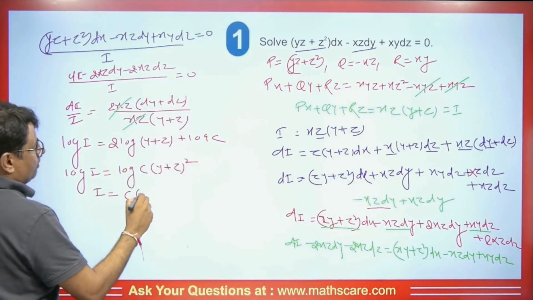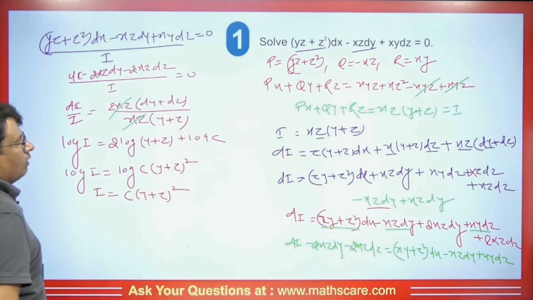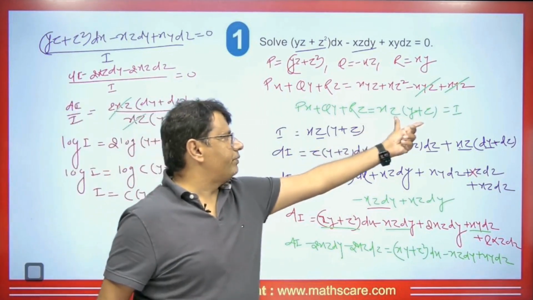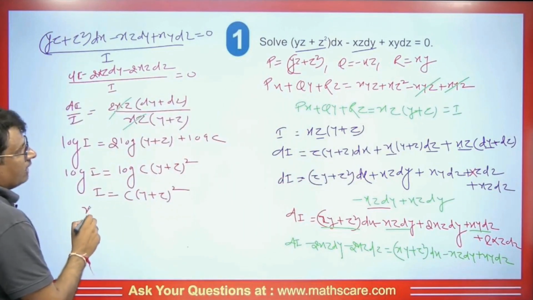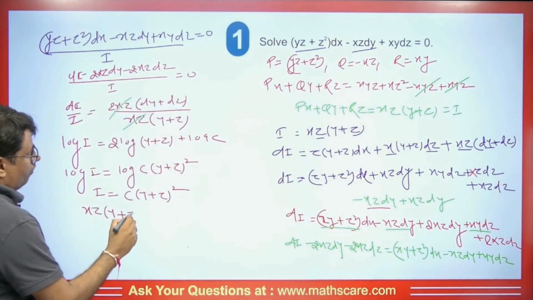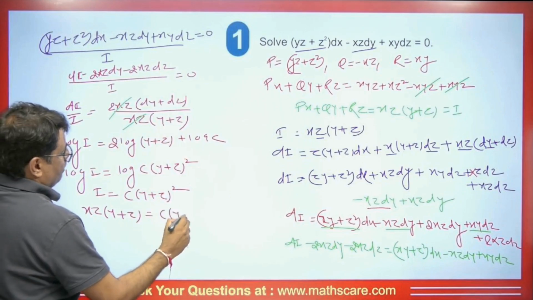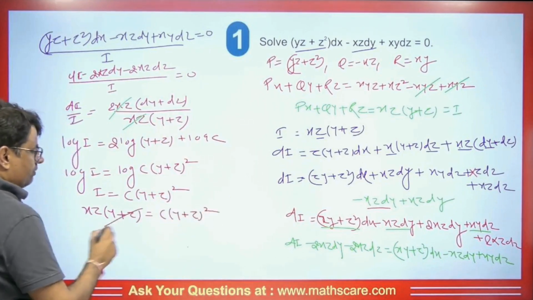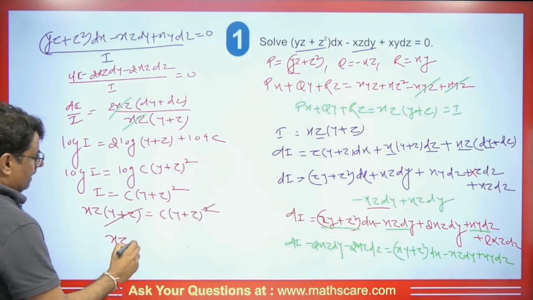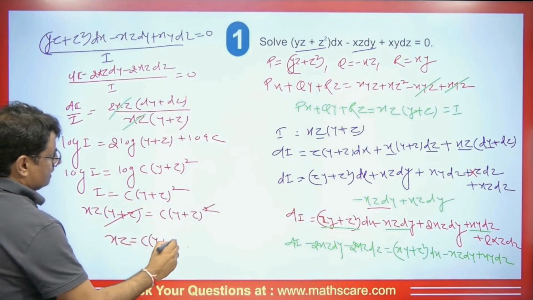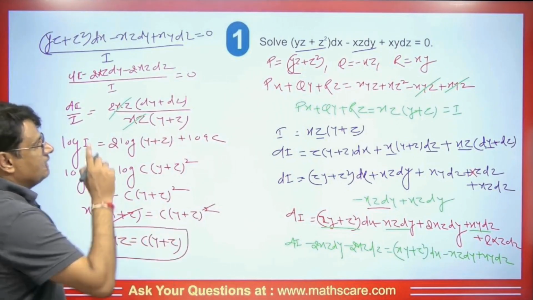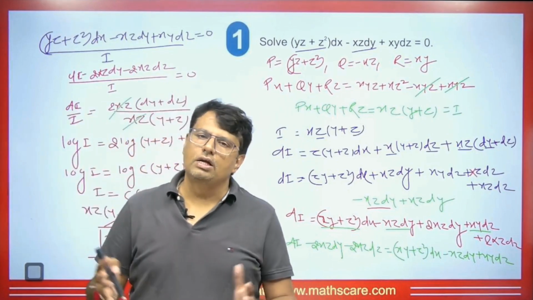Thus I is equal to c times y plus z whole square. The value of I, we will substitute its value here. Therefore, we will get this as xz, y plus z is equal to c times whole square of y plus z, and y plus z square will cancel out. This will be xz is equal to c times y plus z. We get this as the solution of the total differential equation in this way.